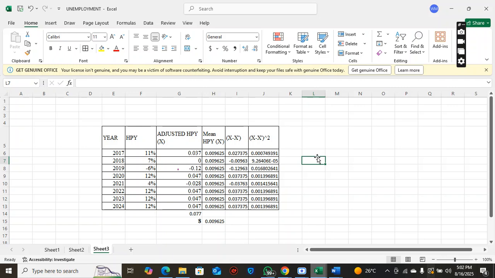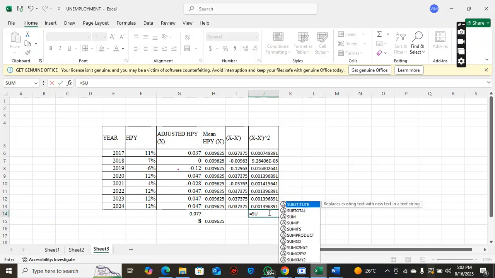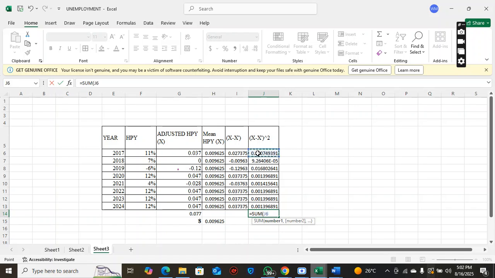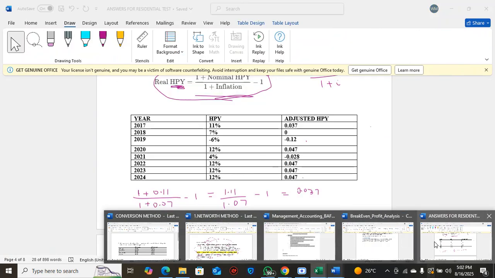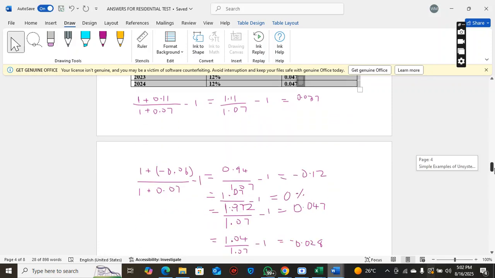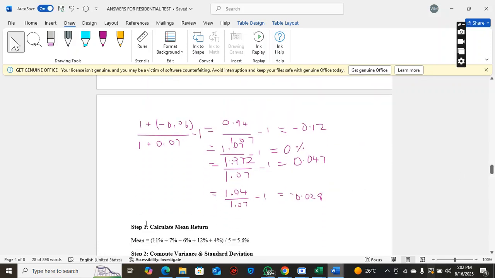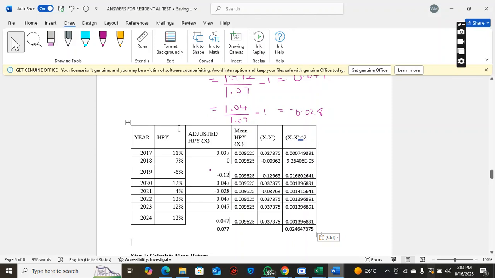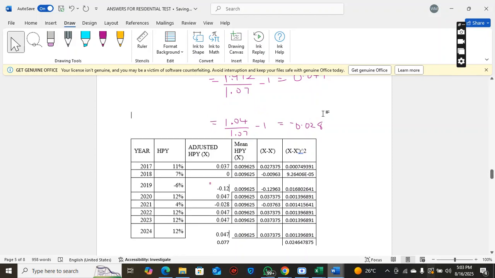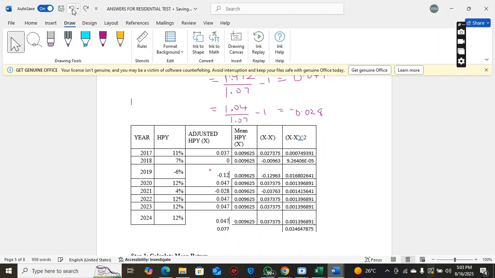After you've squared the deviations, then you just get the total. Sum. This is our total, 0.0246.